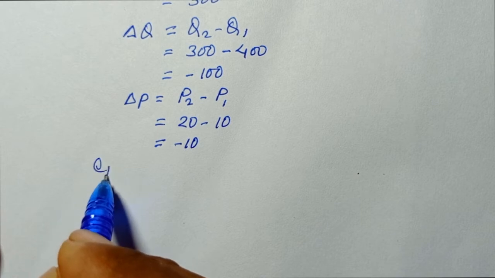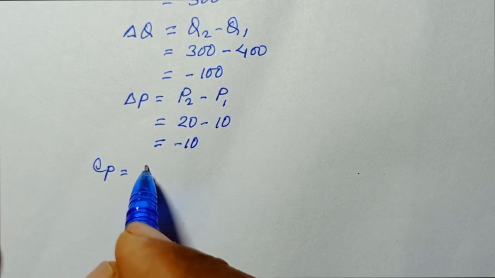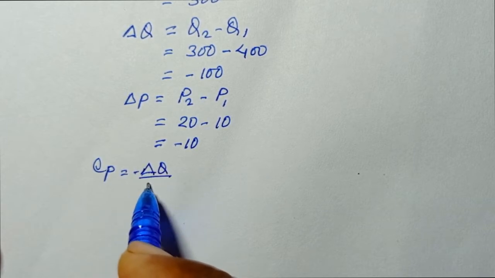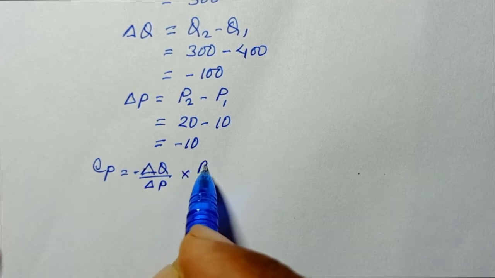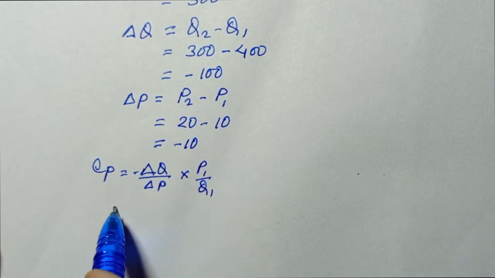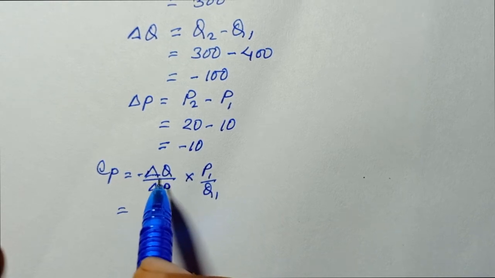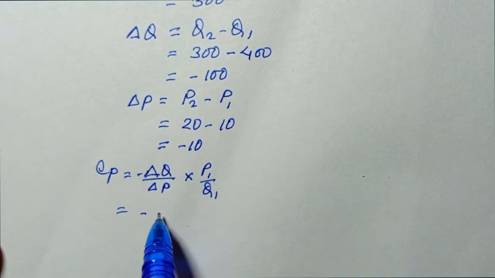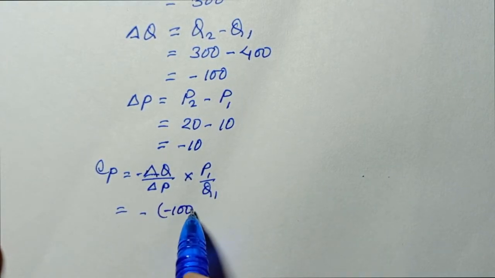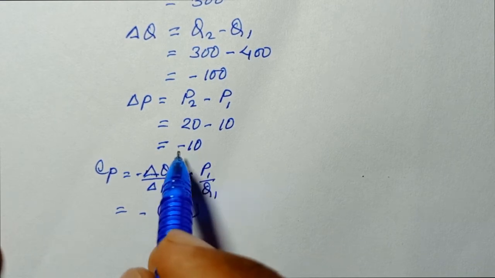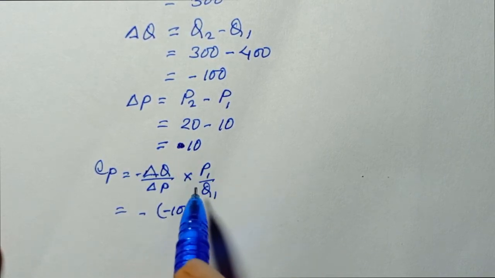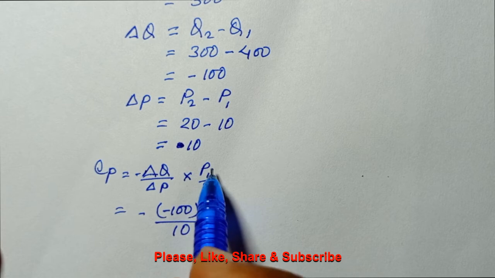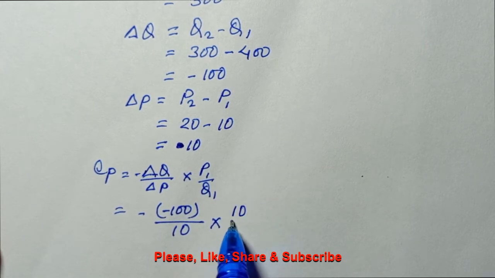Now Ep is equal to minus delta Q by delta P into initial price by initial quantity. And here delta Q is equal to minus 100, and delta P is equal to, here not minus, this is the positive value, 10, into initial price 10 and initial quantity.